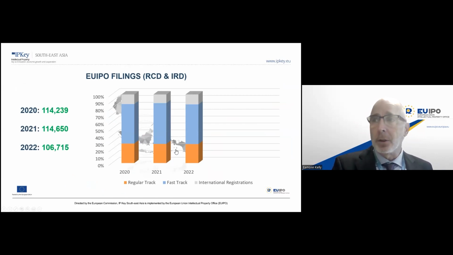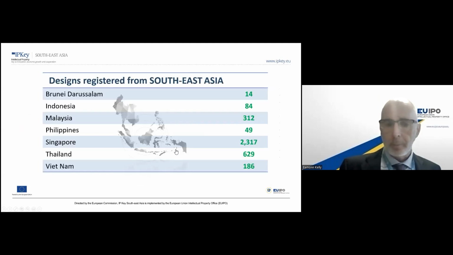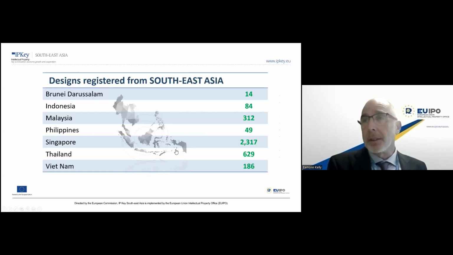However, I'm pleased to announce that in 2023, it looks like the overall year-to-year growth will be 3%, bringing us back up to 115,000 designs. So in your particular countries, I've taken some figures out to show you exactly the designs that we've received from Southeast Asia. I hope you find these interesting.